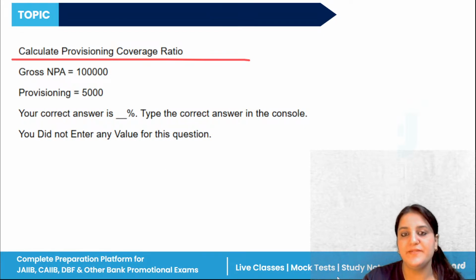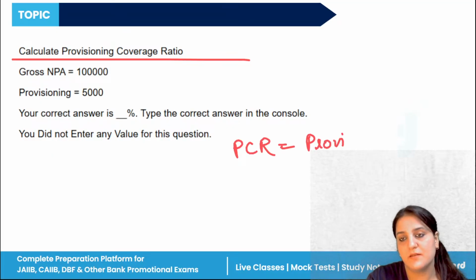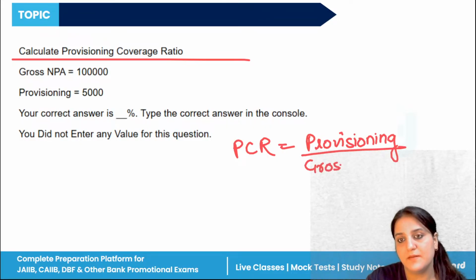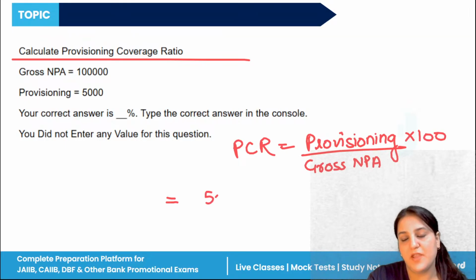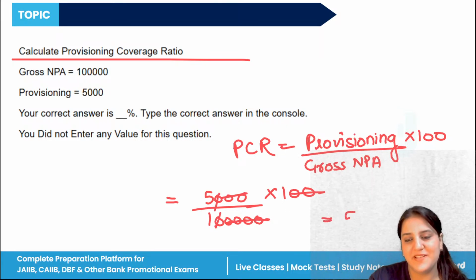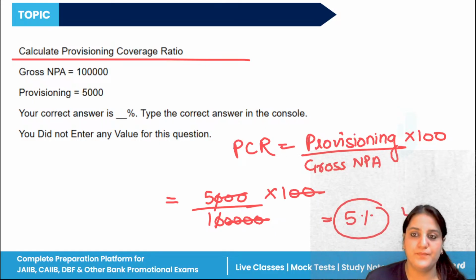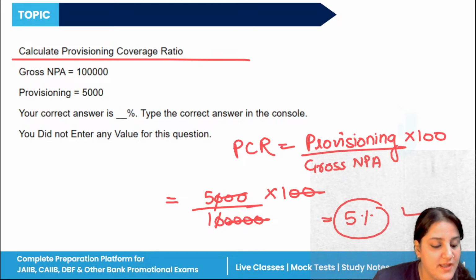Provisioning coverage ratio, PCR, is equals to provisioning divide by gross NPA multiply by 100. So 5,000 divide by 1 lakh multiply by 100. So 5% is the answer. That is the provisioning coverage ratio. 5% is the answer here.